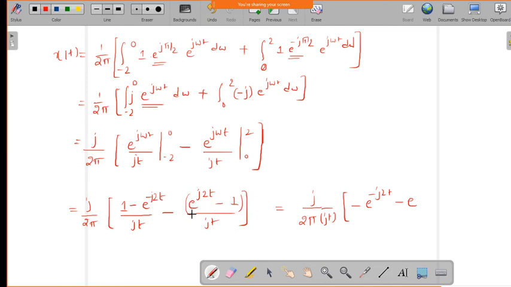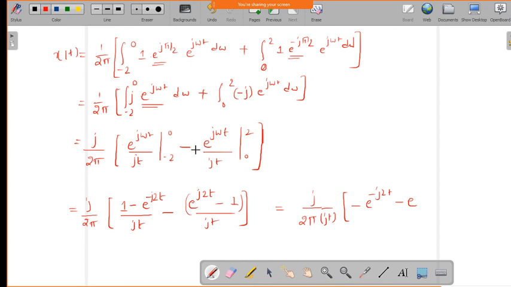Okay, so e power j2t minus 1, this is minus j into e power j omega t into d omega.